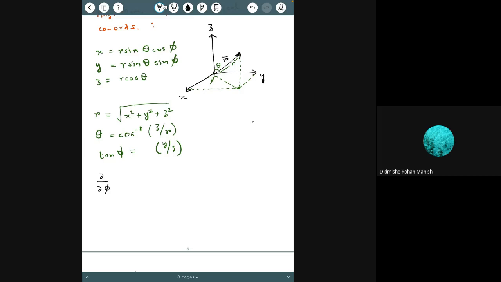So del del phi is, so phi is dependent on x and y. So I will have del y del phi into del del y. So this is the chain rule in partial derivatives. Then del x del phi del del x.